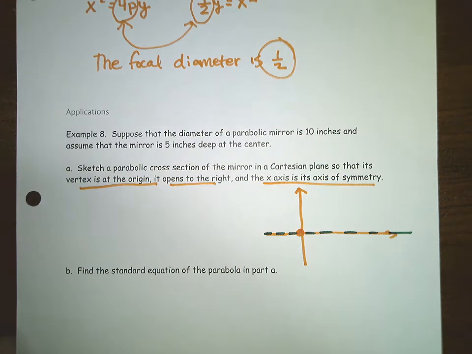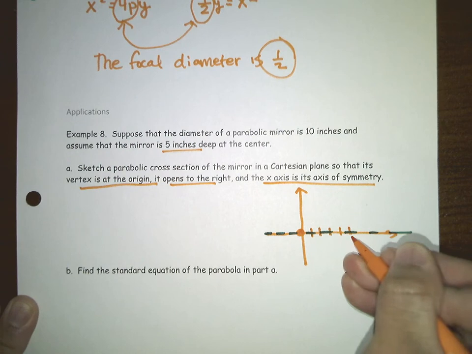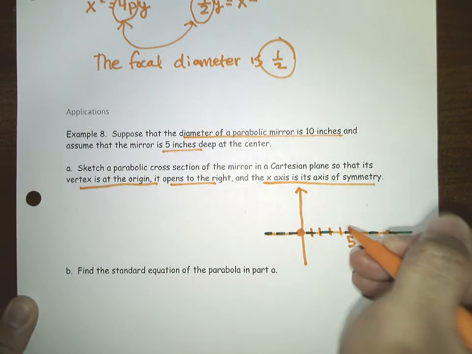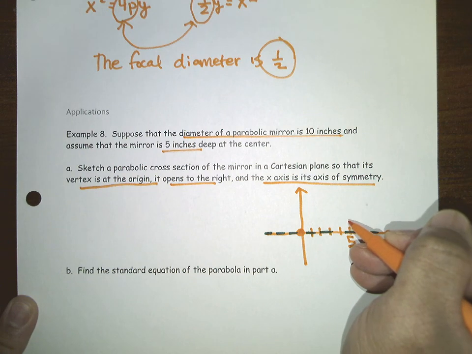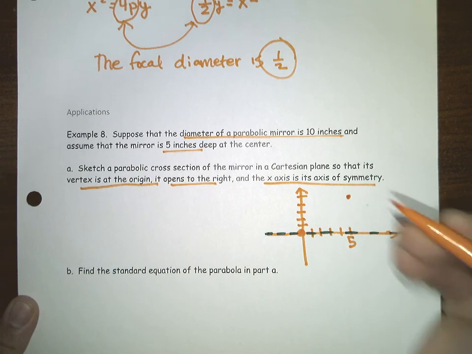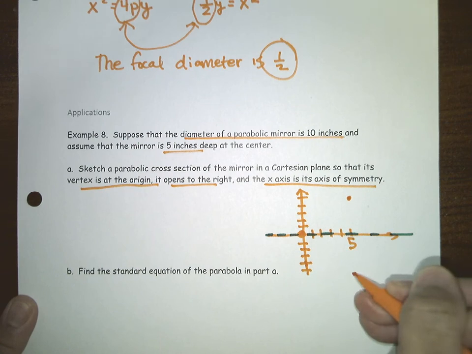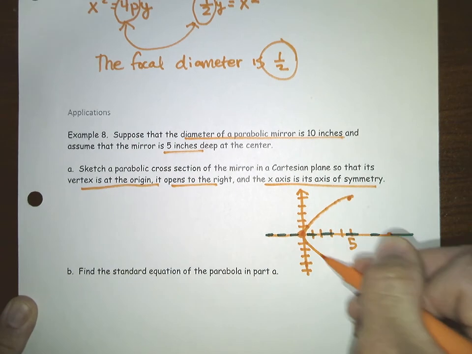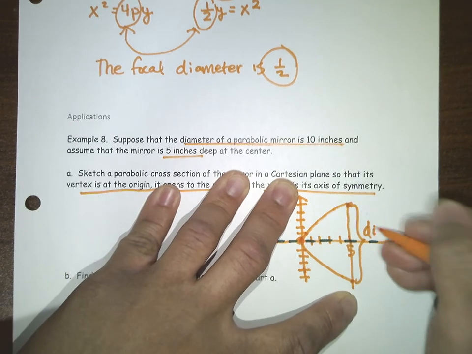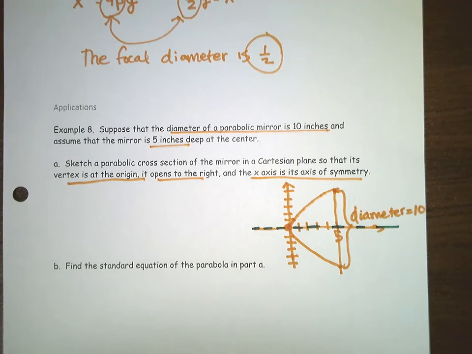So if I want this mirror to be 5 inches deep at the center, I want it to be 1, 2, 3, 4, 5. And then if the diameter is 10, that means at that point then I need to have 1, 2, 3, 4, 5 units above the axis of symmetry and 1, 2, 3, 4, 5 units below the axis of symmetry, so that the diameter here is equal to 10. 5 plus 5 equals 10.